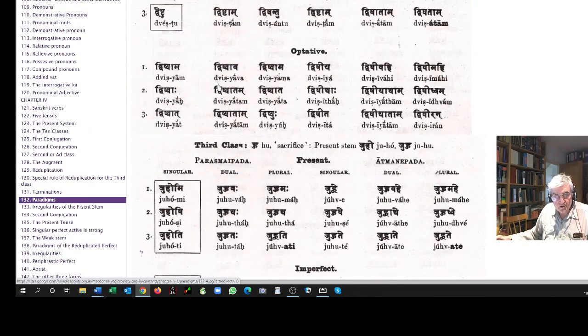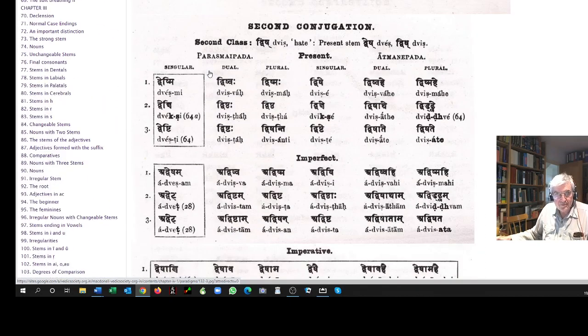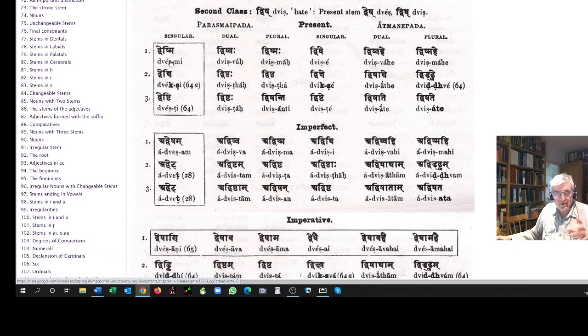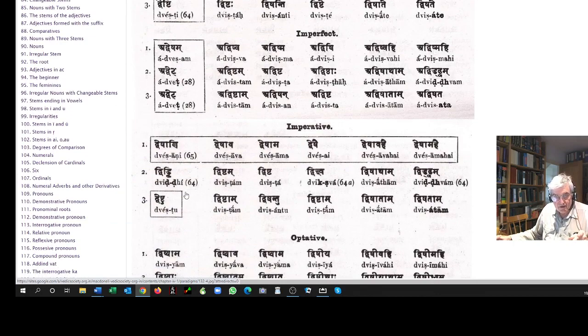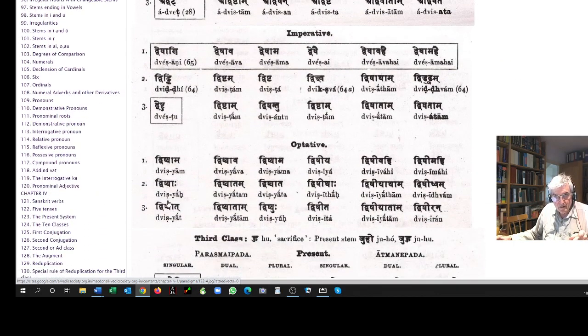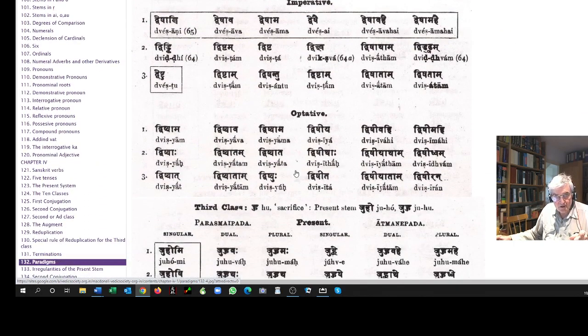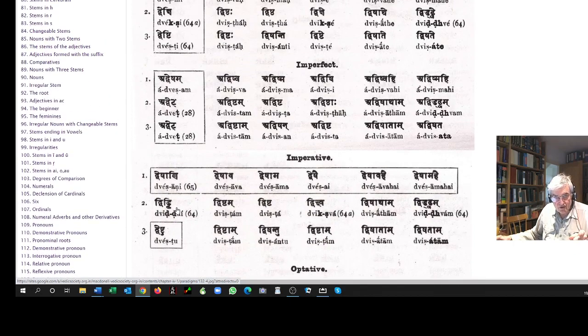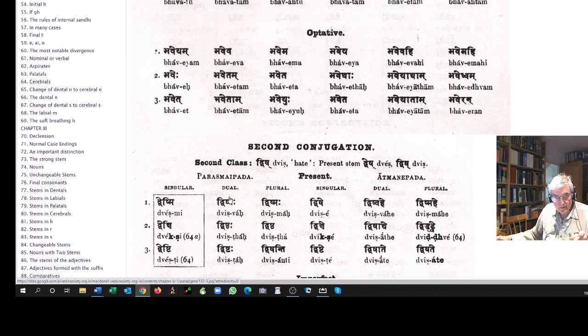In the present, in the imperfect, certain parts of the imperative, but not for the optative at all, boxes are drawn around certain forms.